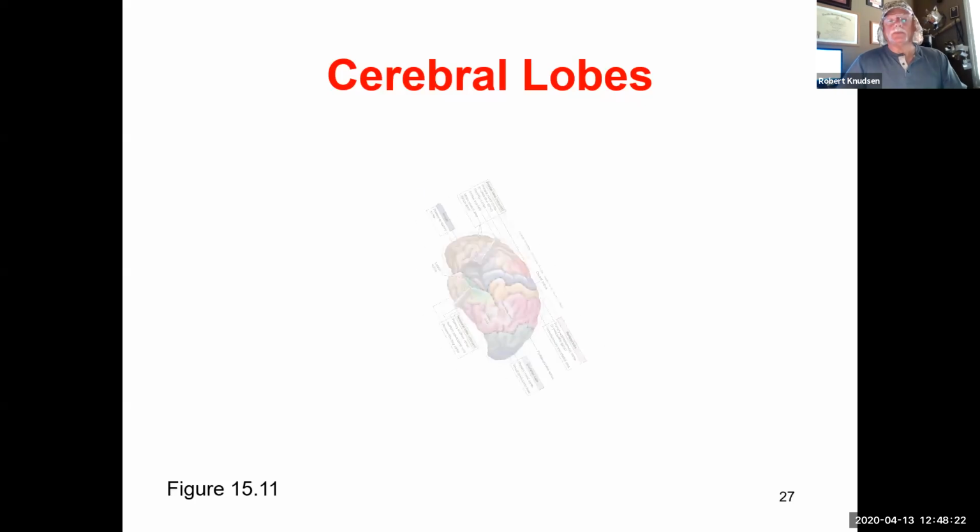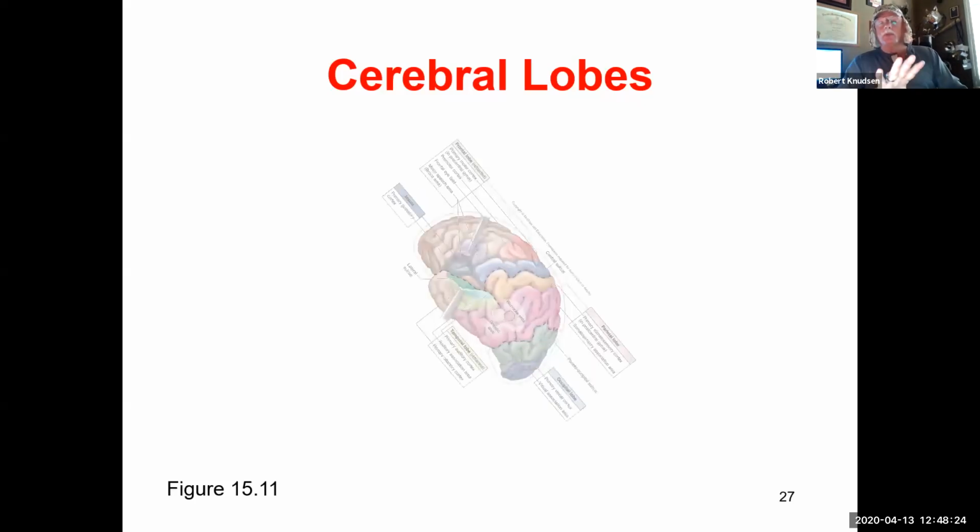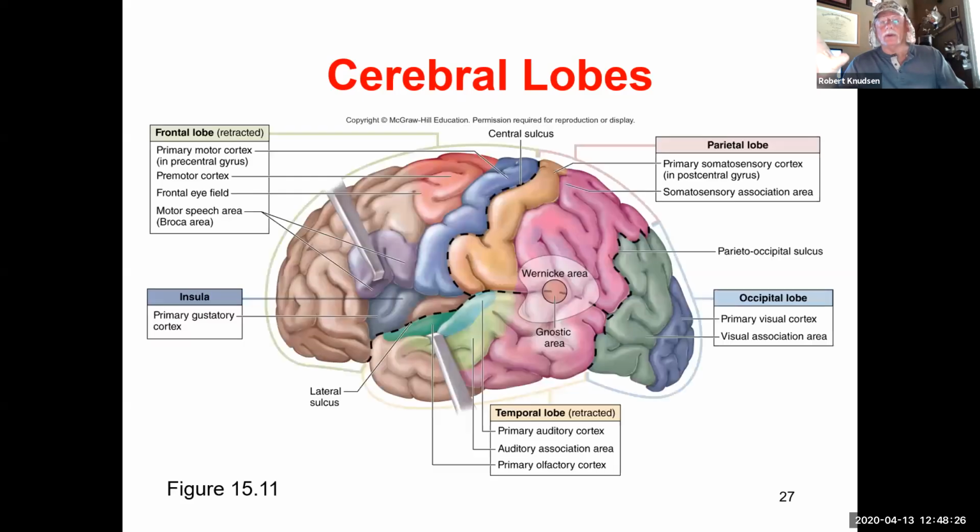Cerebral lobes. Now we're looking at it from the side. Don't look at all the color. I want you to look at the boxes. Frontal lobe, see that dotted dash line? From here all the way here, rostral, is the frontal lobe. From here to here is the parietal lobe.